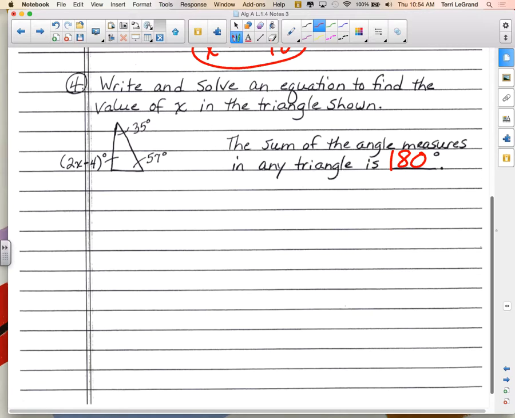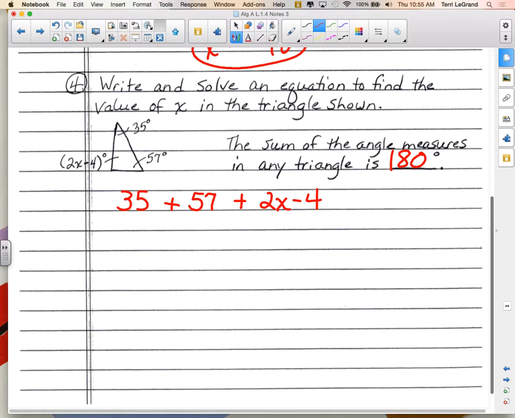So we could do 35, our first angle, plus 57, our second angle, plus 2x minus 4, our third angle. Now, because we're not going to do any multiplying, we can ditch those parentheses. I'll tell you why they have the parentheses around it.